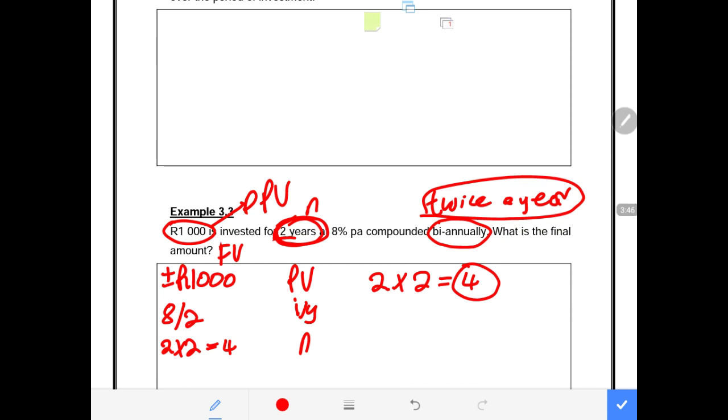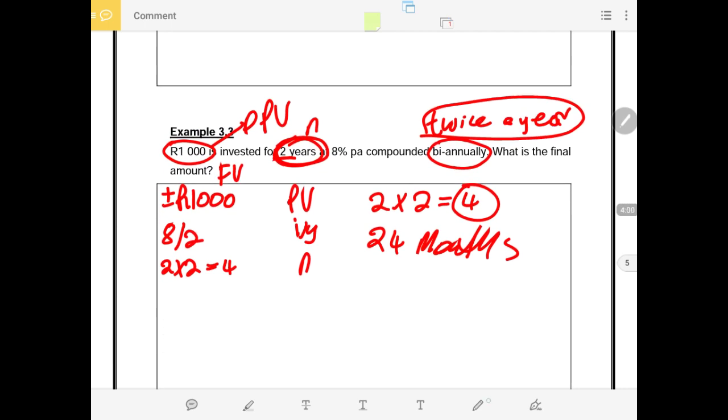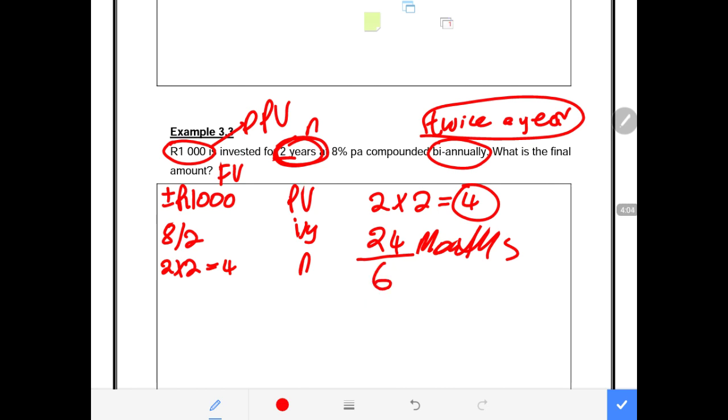Remember once again that we can deal with this in terms of the number of months. We can say this is 24 months. So if we have 2 years as 24 months, we need to say how many 6 months we have in 24 months. Then I will have to say 24 divided by 6 months. Where is 6 coming from?